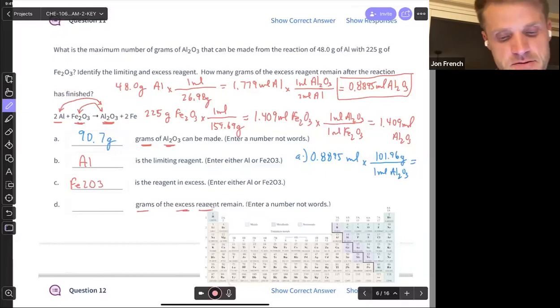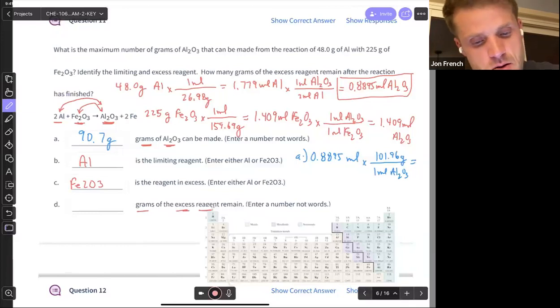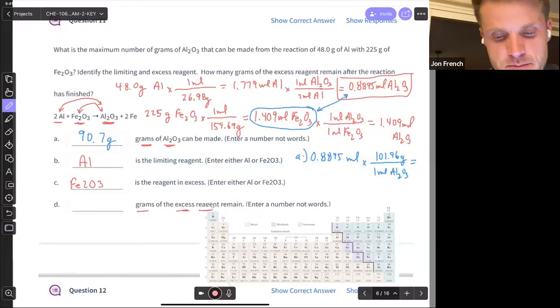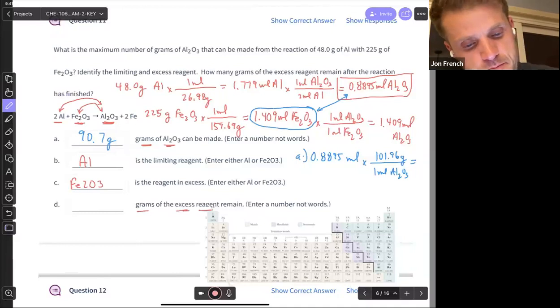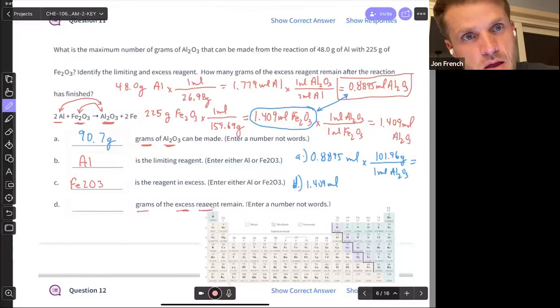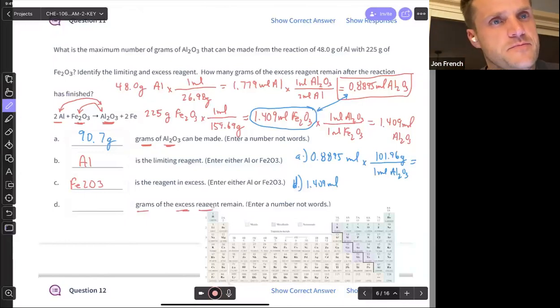Yeah, so to find grams of excess, we know we've got that much in the reaction. We used that much of it. We're going to use that much of it. So, okay. For D, I've got 1.409 moles. Yeah, that's the molar mass of the aluminum oxide.